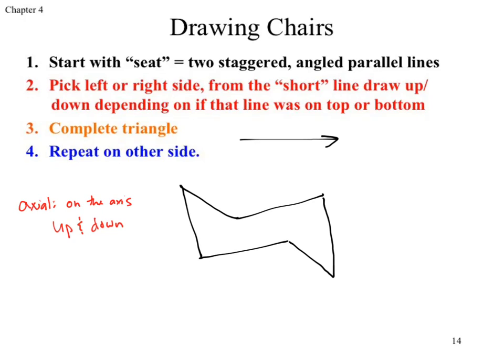Okay. So I could go through and I could draw up. Is that an axial position? No. So it's not just up and down. We have to have the proper frame of reference. And this is where this is going to get a little bit weird.